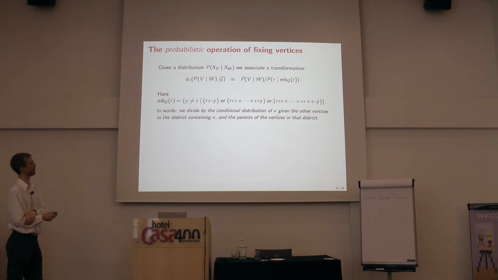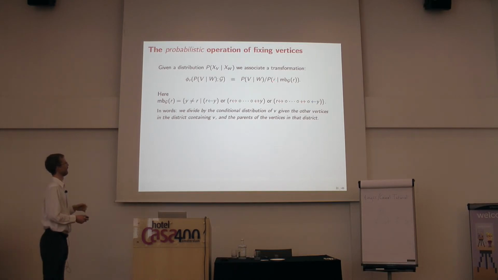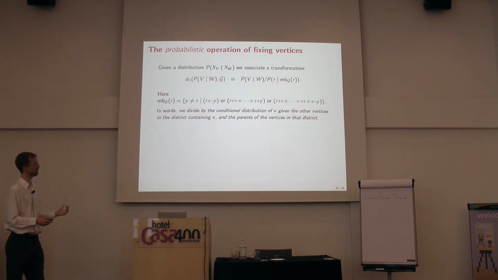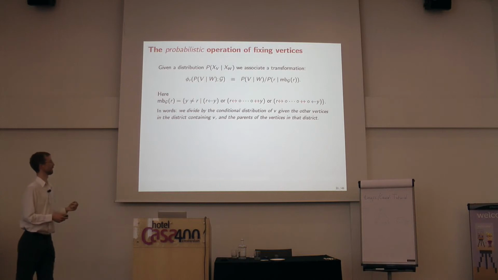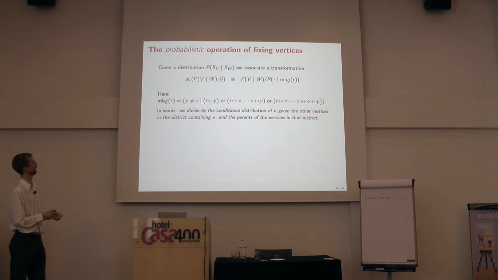by R, which is the thing that is fixable. I'm going to divide by R conditional on every other vertex that is in the district containing R, or that is a parent of a vertex in that district. So anything that's either a parent of R or is connected to R by a sequence of bidirected edges, or by a sequence of bidirected edges and a directed edge like this.